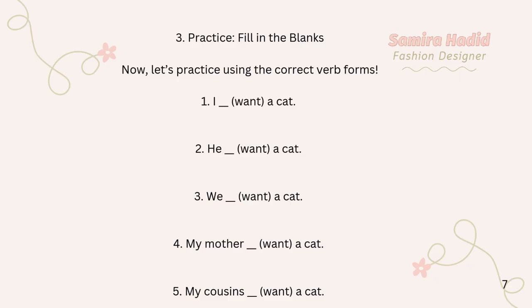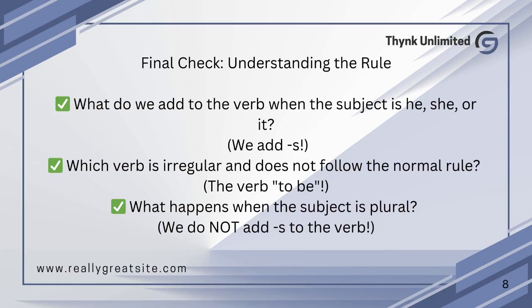My brother is at home. He is singular. My brother is at home, so my brother is singular. So we add is to my brother.